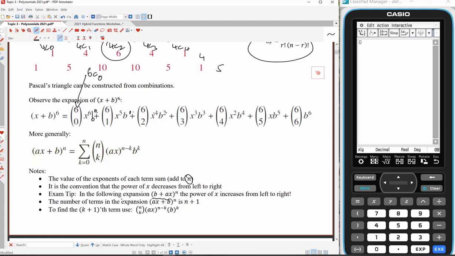Now the number of terms in the expansion will be n plus 1. Okay, so that's 6. It's going to be 1, 2, 3, 4, 5, 6, 7. 6 plus 1 is 7. Now to find a particular term, what we use is this formula here. And I've got to confess, I don't actually use that formula, but I believe it would work if we wanted to.